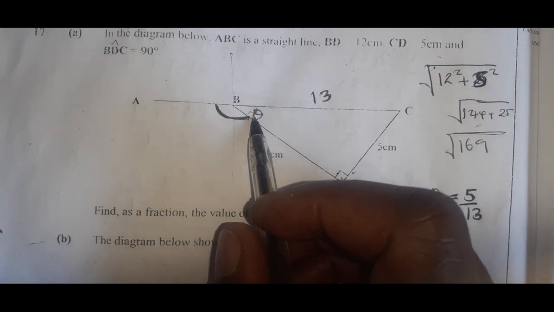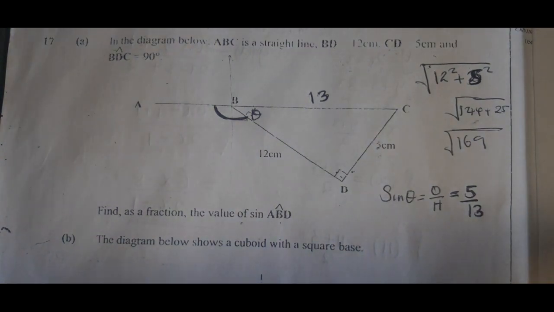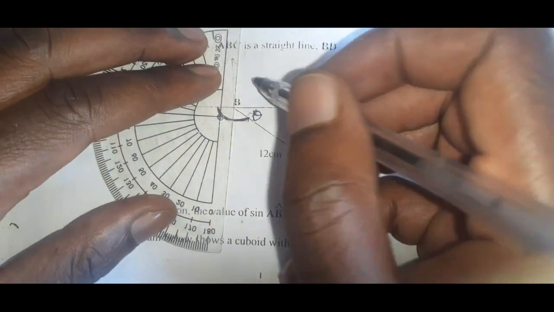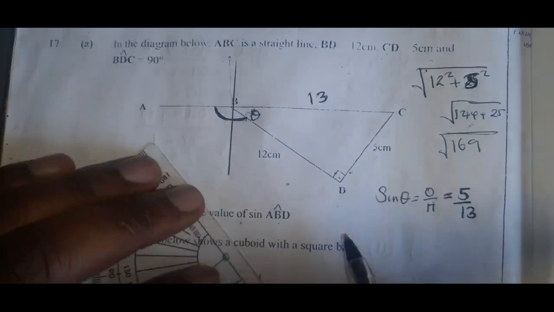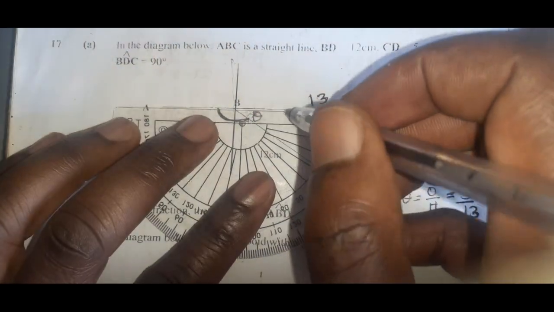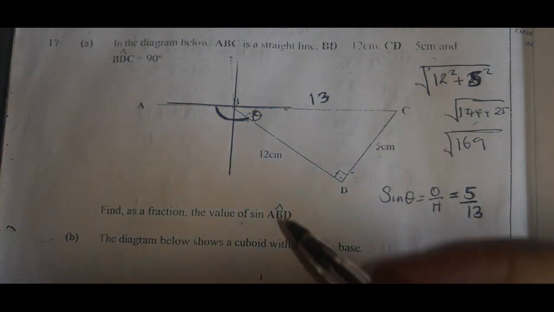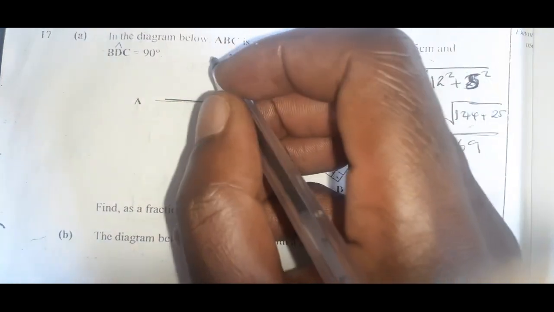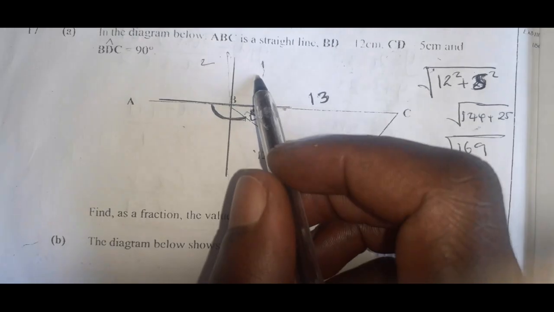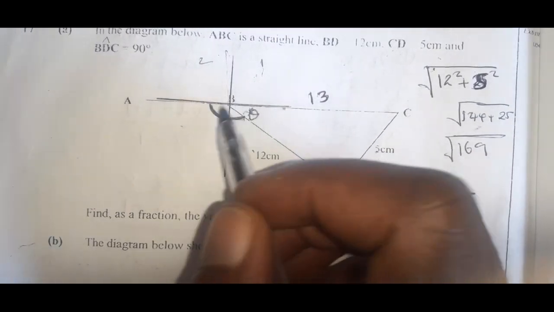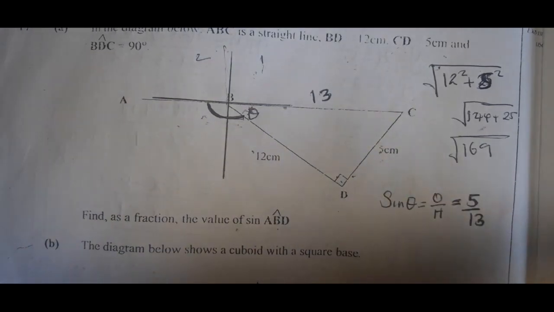Okay? So if we have something like this, we have the first quadrant, the second quadrant, third quadrant, and fourth quadrant. Sine is positive in the first two, and in the third and fourth quadrants it's negative.